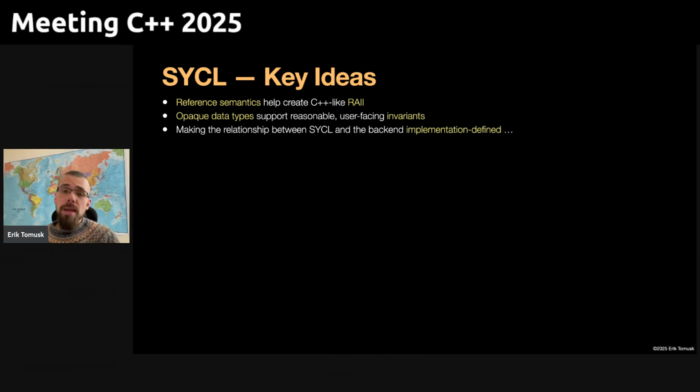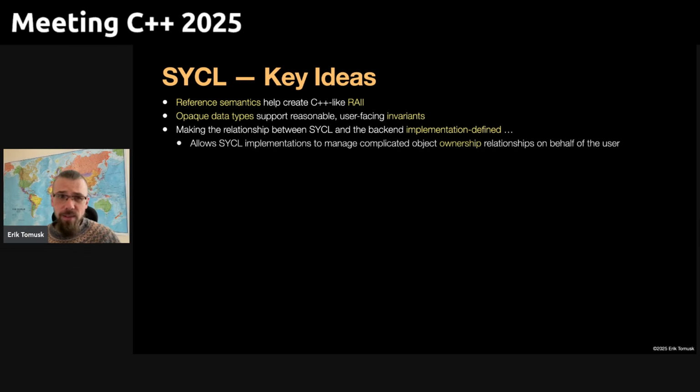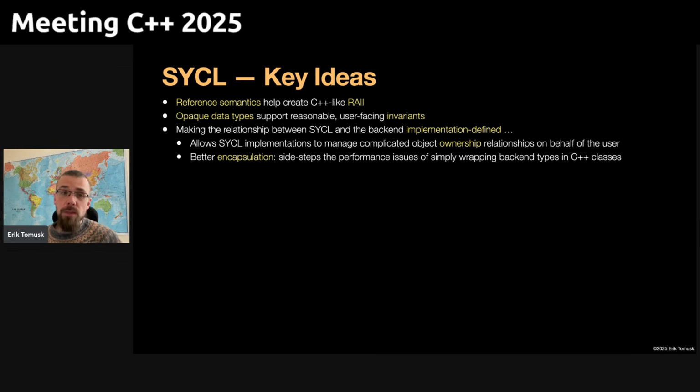And by making the relationship between SYCL-level objects and backend implementation objects defined, this allows the SYCL runtime to manage the complicated ownership relationships between backend objects on behalf of the user. And we get better encapsulation because since the SYCL runtime is able to have some visibility of a number of different things that the user is doing, the SYCL runtime can potentially reorder things and do things at the same time and extract some more performance out of a backend.